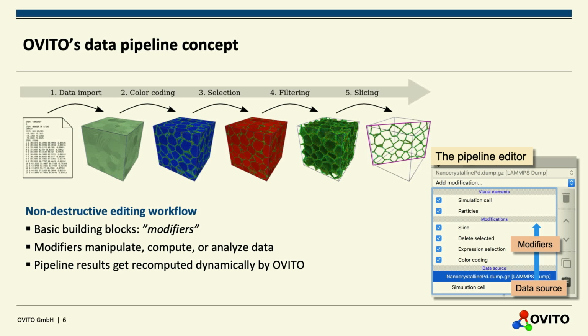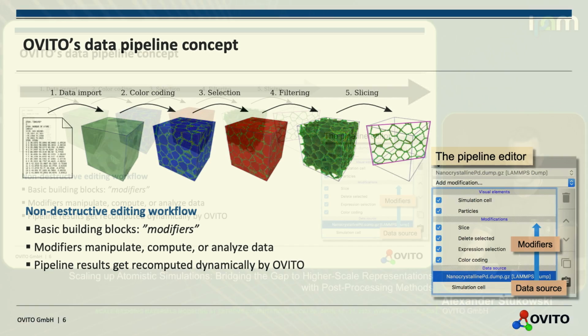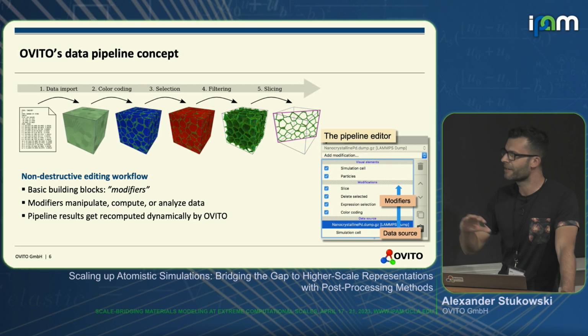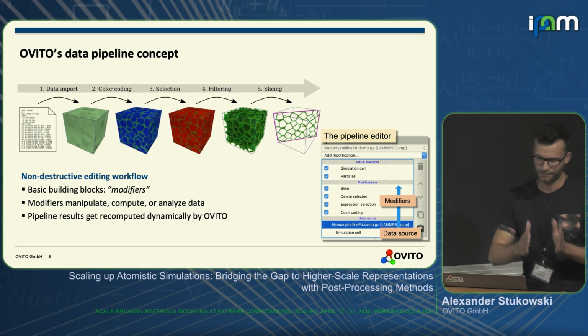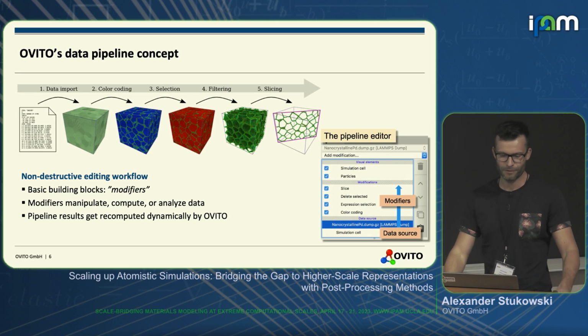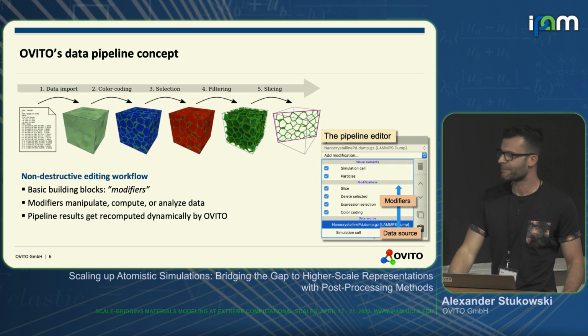The major selling point for this software, why people use it, is that it provides a data pipeline concept that allows you, in a very flexible manner, to build up processing pipelines that solve your specific analysis problem. You build up a sequence of modifier steps, we call them.